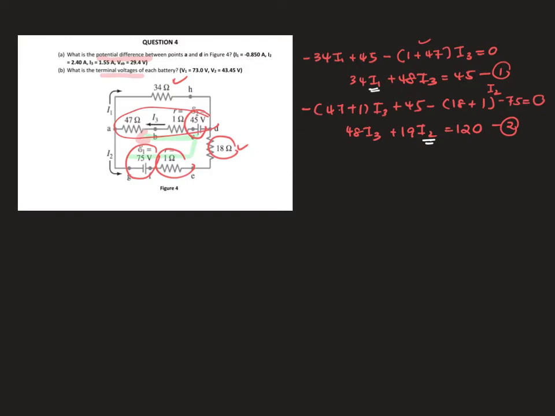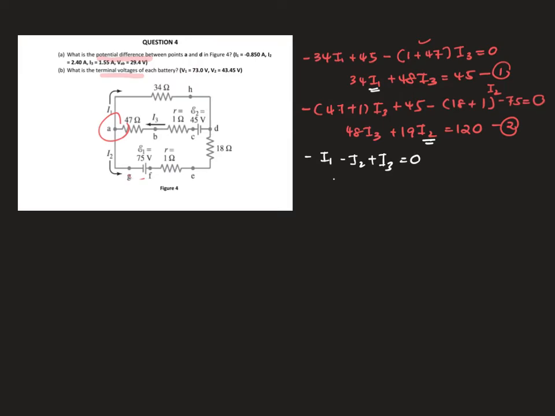So definitely I'm going to change I2, but first I need to come up with Kirchhoff's current law. So I'm going to choose A as my junction. So it's going to be negative I1, negative I2, because both are leaving the junction, but plus I3 because it is into the junction, equals to 0.